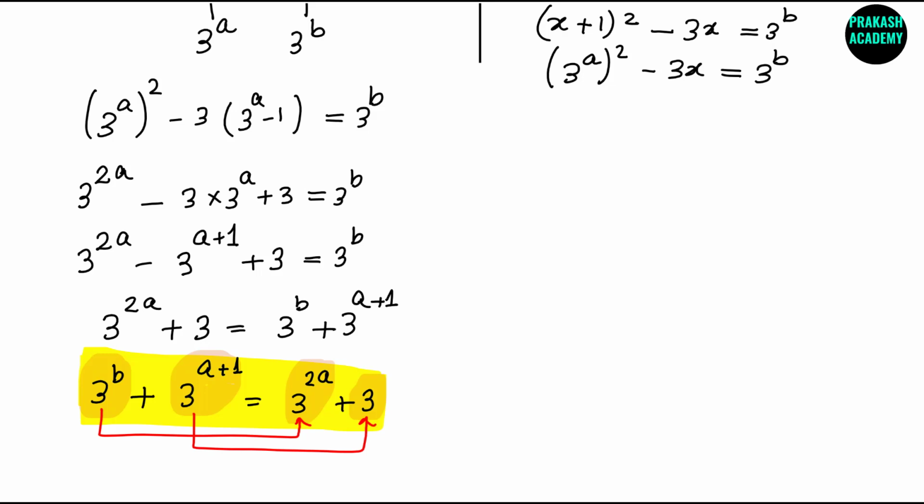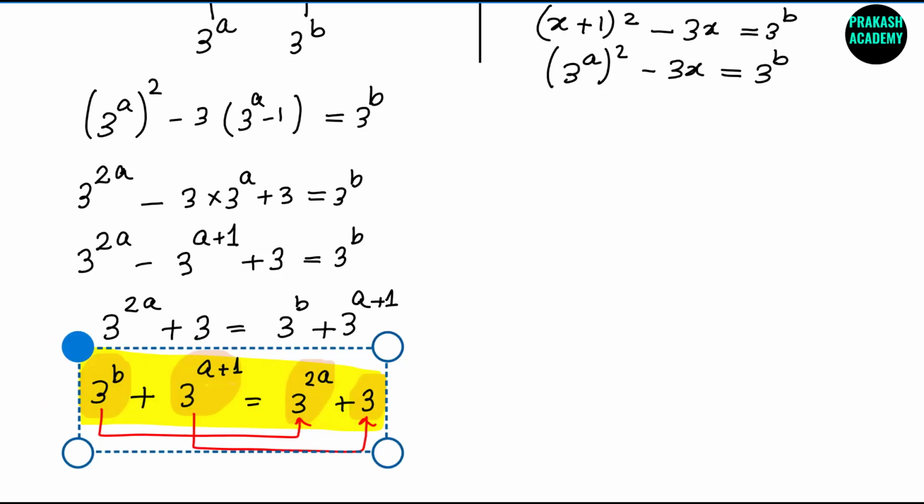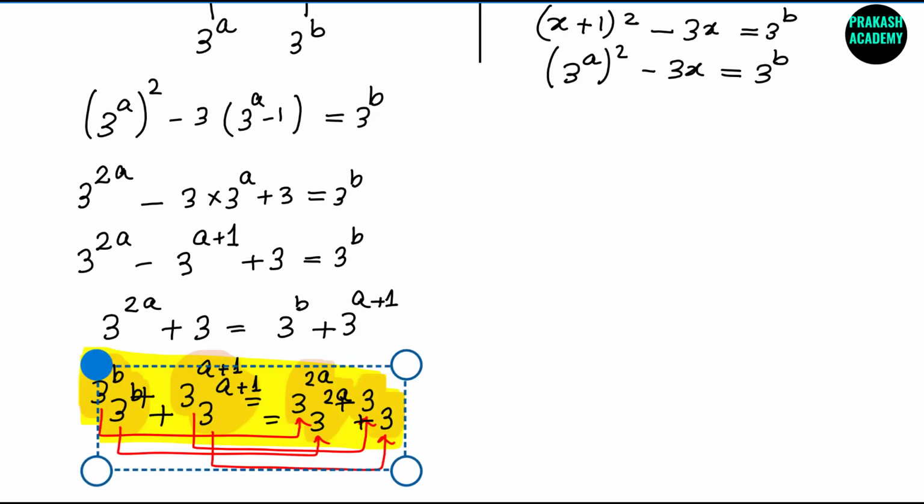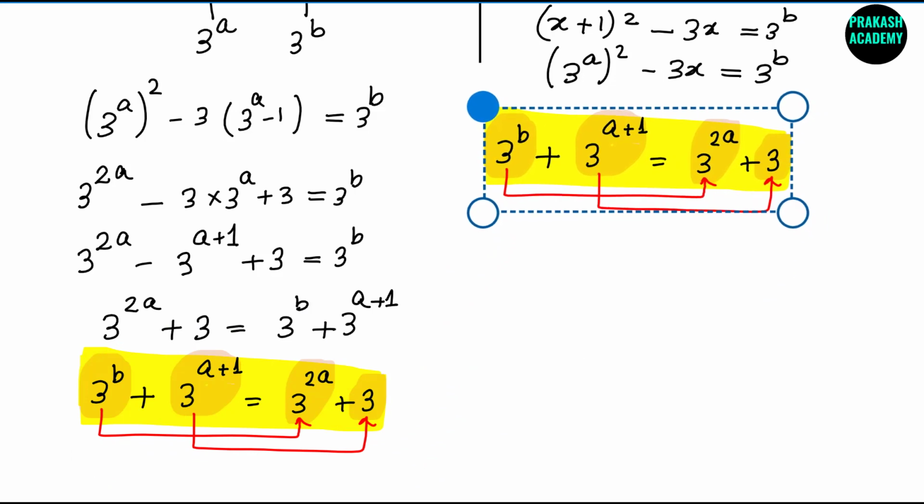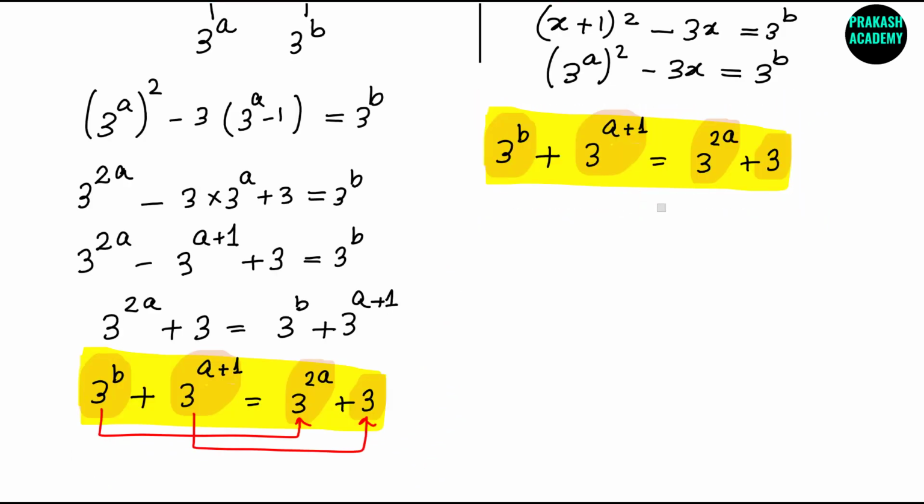This is one possibility. And the second possibility can be that the first can be equal to the last one, and this can be equal to this. So there are only two possibilities by which this is possible. So this is satisfied only if I consider these two possibilities.